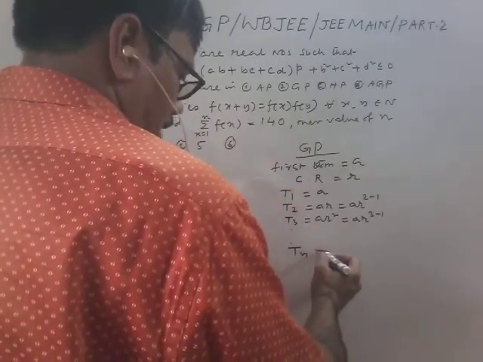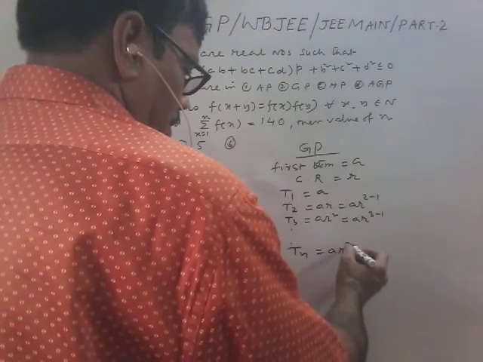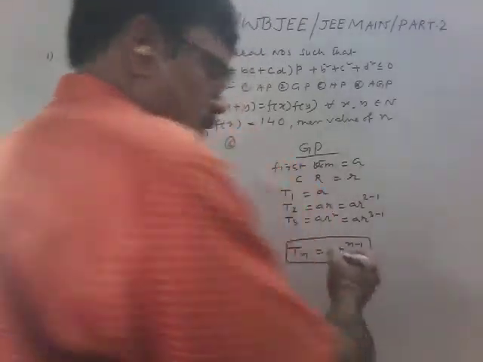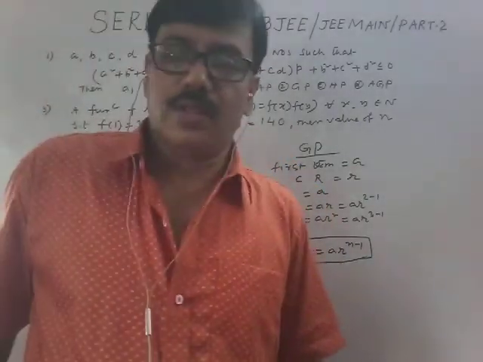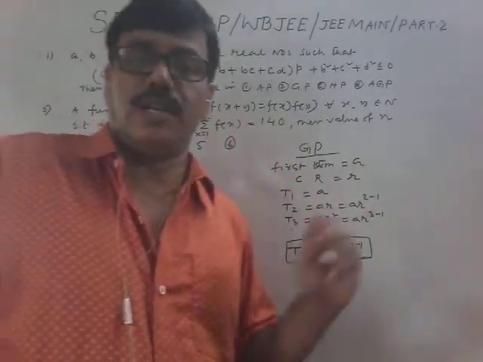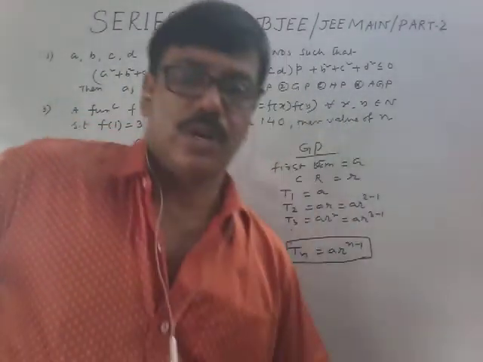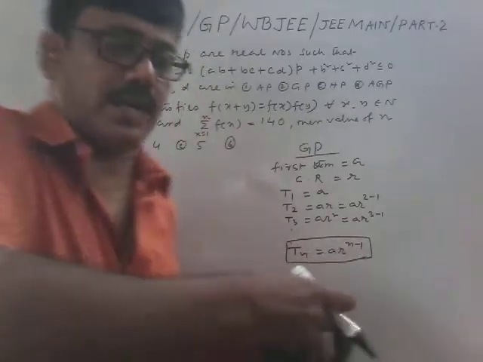So what is Tn? AR to the power n minus 1. This is one working tool. So Tn equals A into R to the power n minus 1.